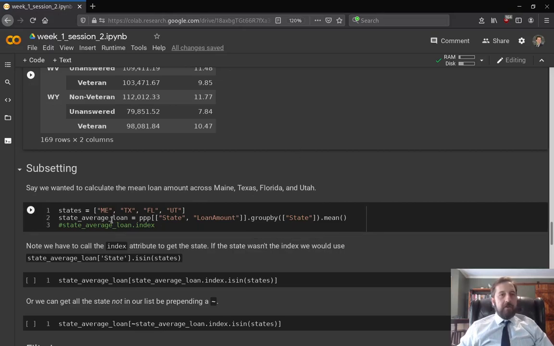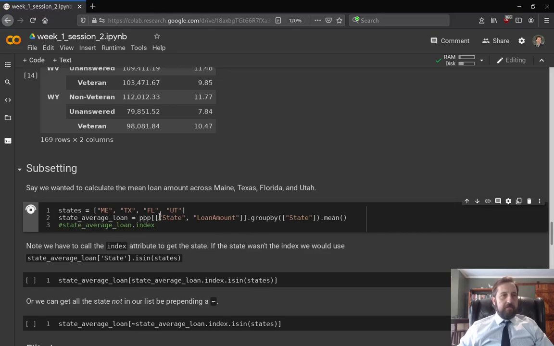So let's calculate the average loan for Maine, Texas, Florida, and Utah. So we can create a list of just the states we want, and then we can subset by state. So state average loan.